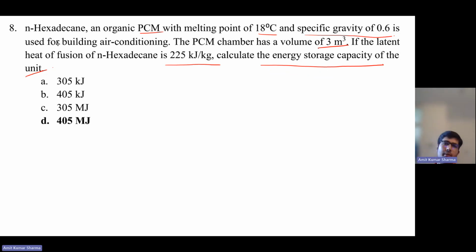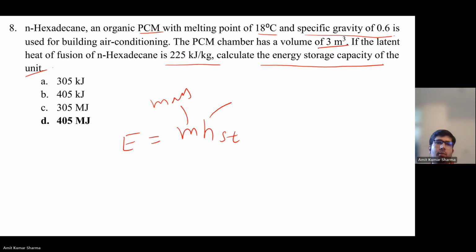Any answer? Okay. So let me give you the formula. The formula you can use is E equals to, so the stored energy will be mass times enthalpy of the storage PCM, the compound which you are using for storage. So M into H, enthalpy. So you have to find out the H, I think you have given already.